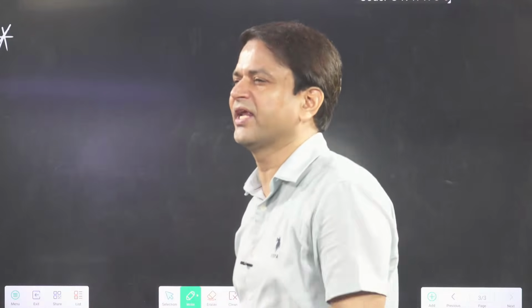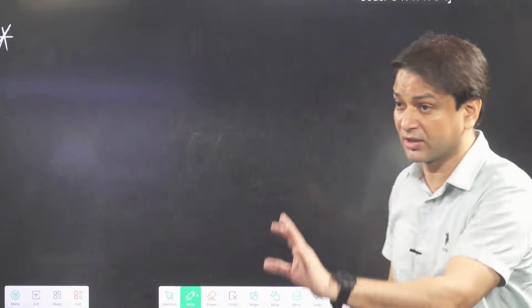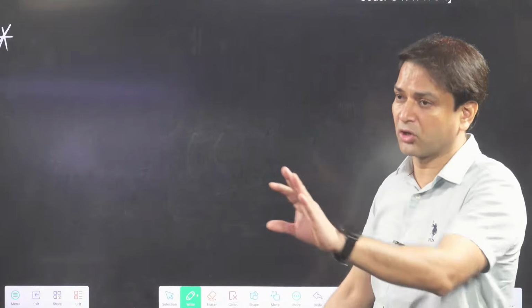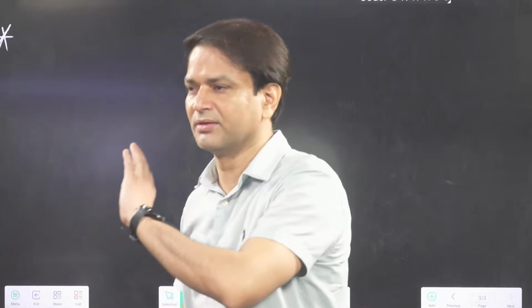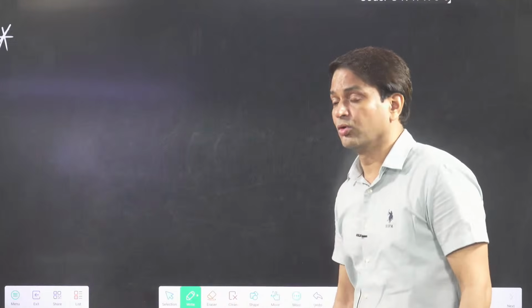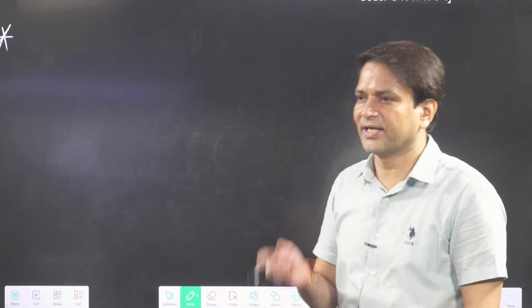Otherwise, for all other batches, they just send any teacher, and every week or 15 days a demo is going on in the classes. It is happening in a reputed institute in Andhra. I will not take the name, but that is happening. I am continuously complaining, but it is still going on. So the problem is, when every 10 days a demo is going on with a new teacher, how will you learn the subject?